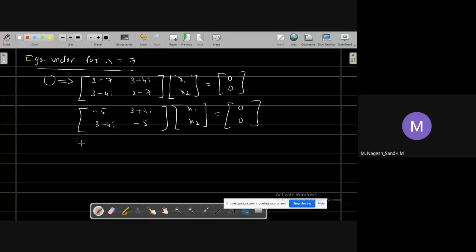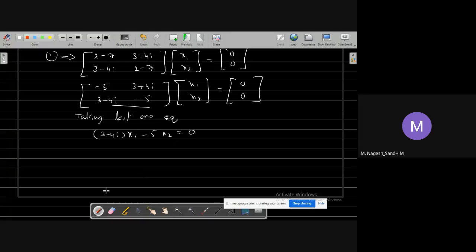So now taking the last equation, what will we get? 3 minus 4i into x1, row into column, minus 5 into x2 is equal to 0. So 3 minus 4i into x1 is equal to 5x2, like a cross multiplication, x1 by 5, x2 by 3 minus 4i.